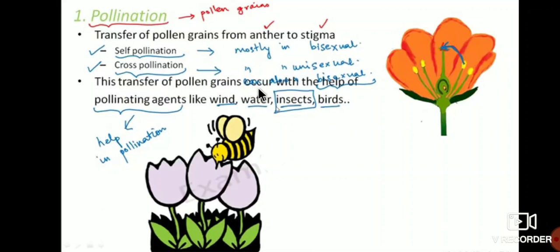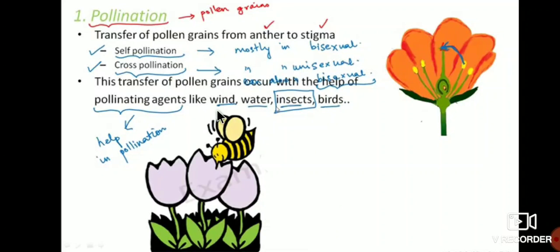This transfer of pollen grains occurs with the help of pollinating agents like wind, water, insects, birds. How are the pollen grains transferred from anther to the stigma? With the help of pollinating agents. Which are the pollinating agents?